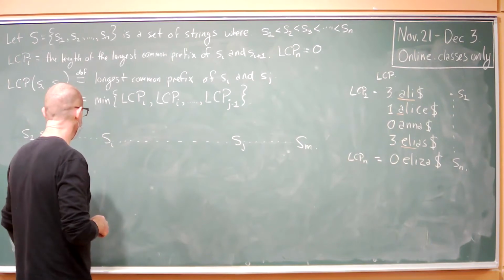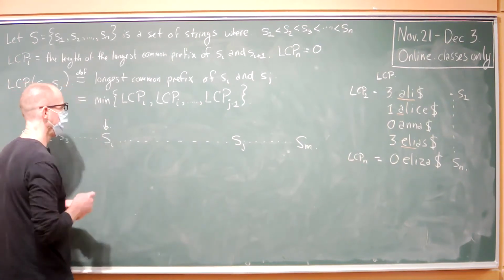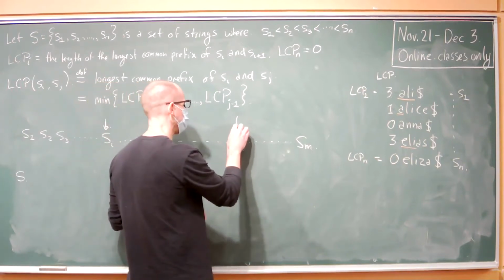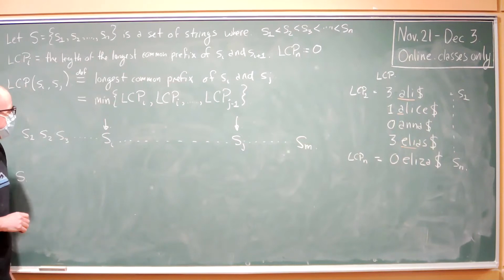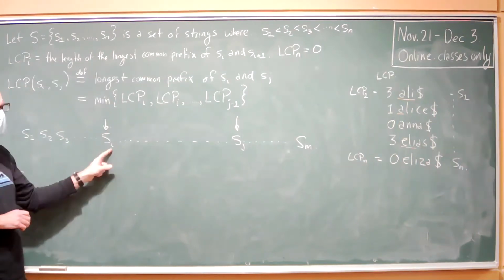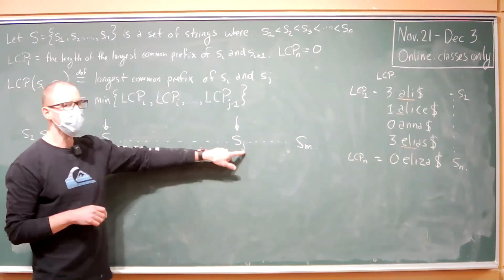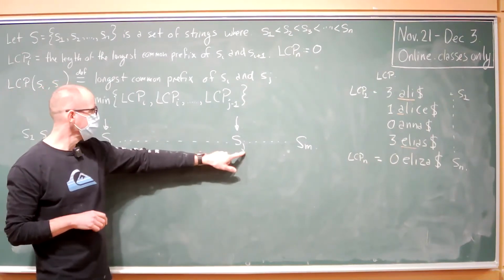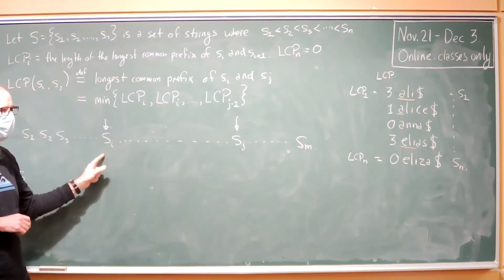So a typical stage in a binary search, you have the range narrowed down to some subarray. You know that the string you're searching for is, let's say, bigger than or equal to Si, and less than or equal to Sj. So it's somewhere in this range here.